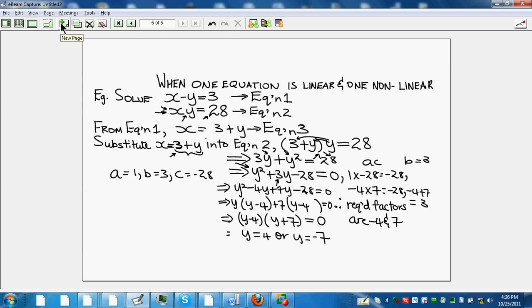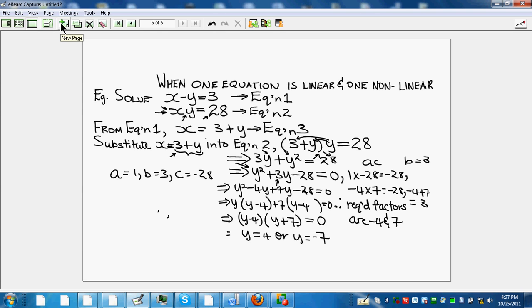How is this going to help us now? Well, remember, we still have to find x. Because in a simultaneous equation, we have to find the values of x and the values of y. But by now, what you're recognizing is that because one of the equations is nonlinear, that is equation 2, you have two solutions for y, and therefore two corresponding solutions for x.